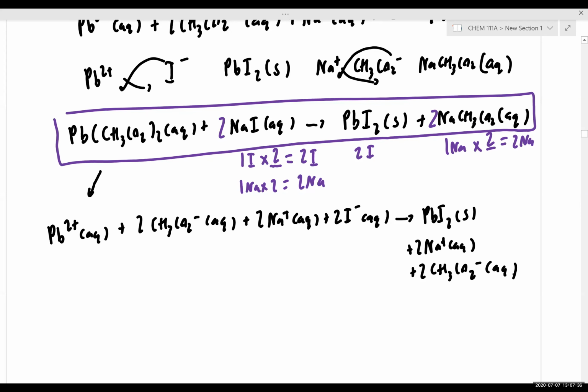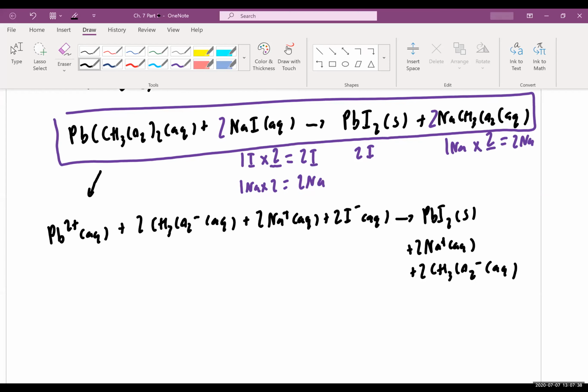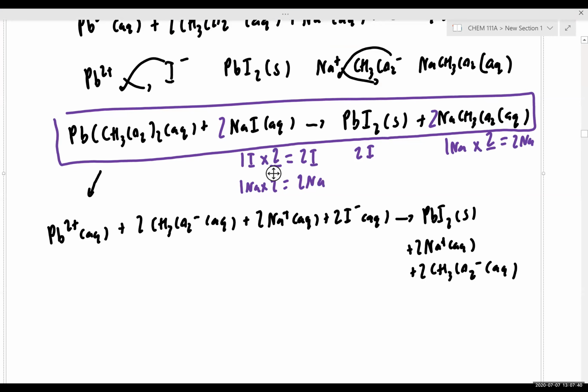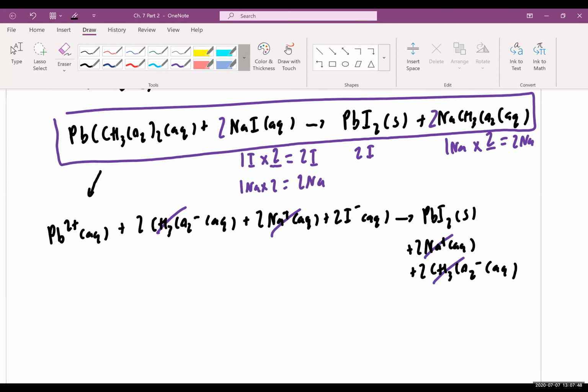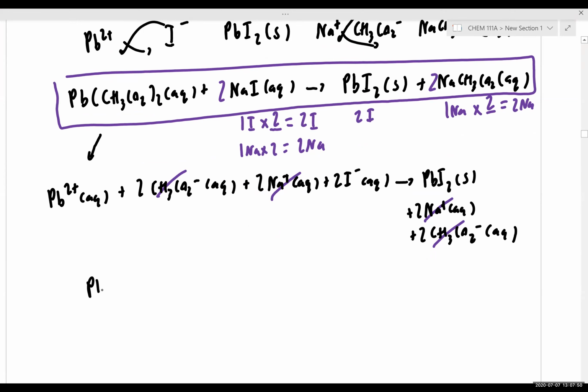Okay, so now that we have that established, what we're going to do is cancel all species that are identical on both sides of our chemical equation. That in turn gives us lead 2+ aqueous plus 2 iodide minus aqueous leads to lead iodide solid.